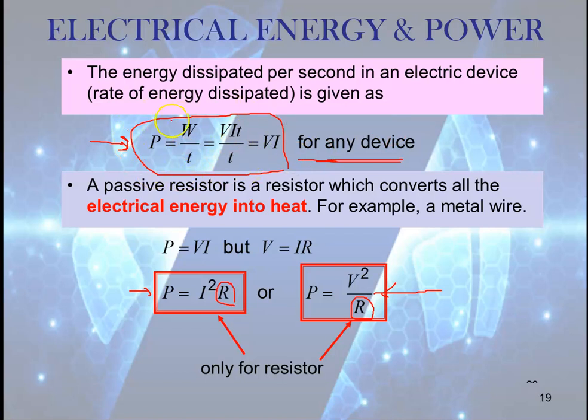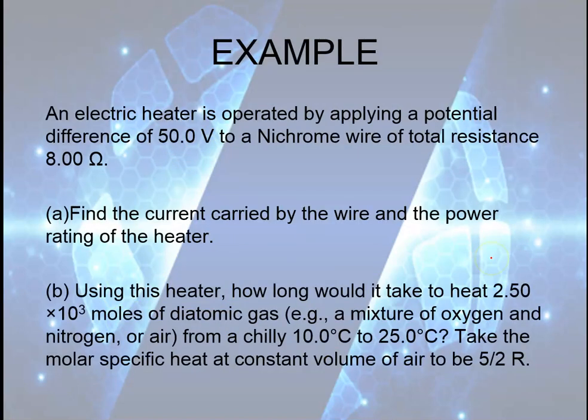So if I need to find the power used or dissipated in a circuit with a resistor in that circuit, I have to use these equations. It is basically replacing Ohm's law, V is equal to IR, into this equation, and you will get new equations for resistors.